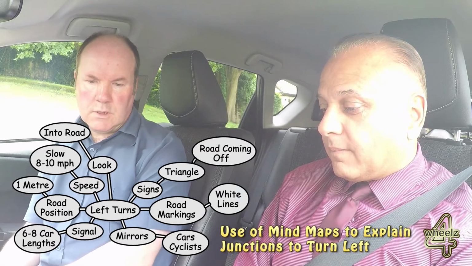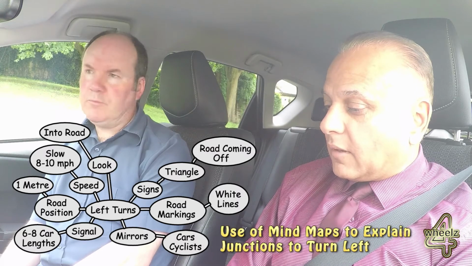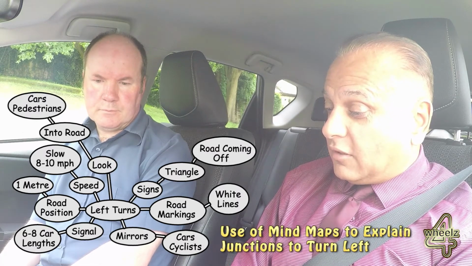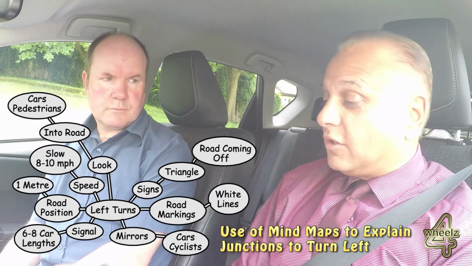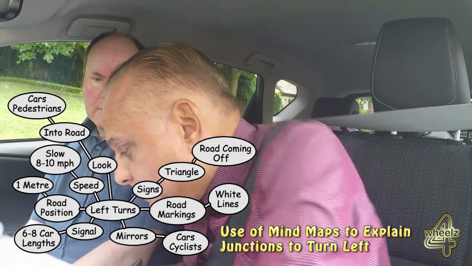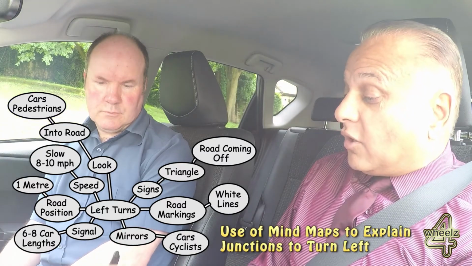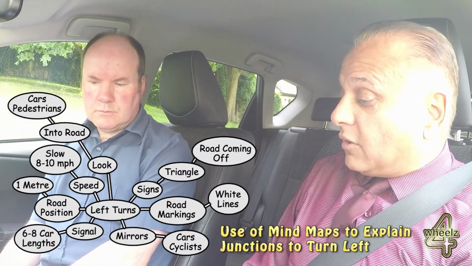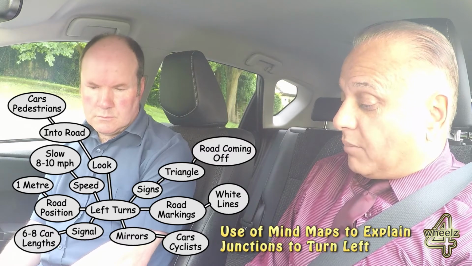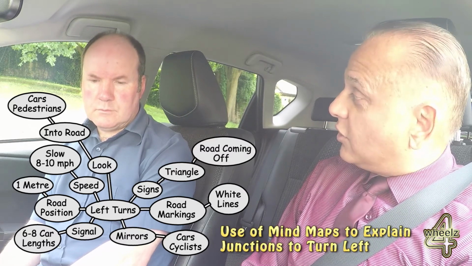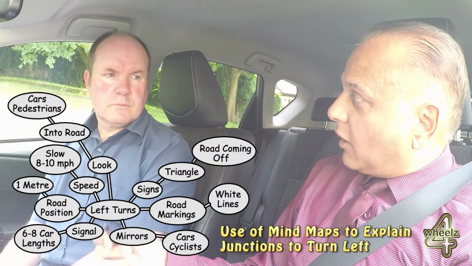And I think sometimes people might be crossing. Okay, pedestrians, excellent. If they are crossing, what will you need to do? Perhaps be ready to stop. Excellent. So we've done the mirrors, signal, position, we've slowed the car down, speed, and then looked into the junction. Then if it's safe, we're going to make our turn.